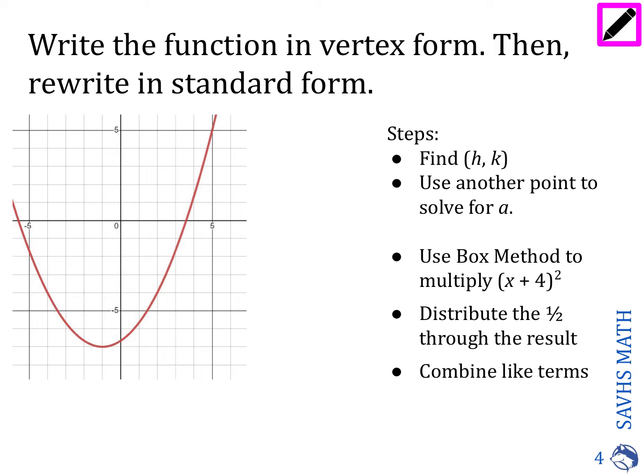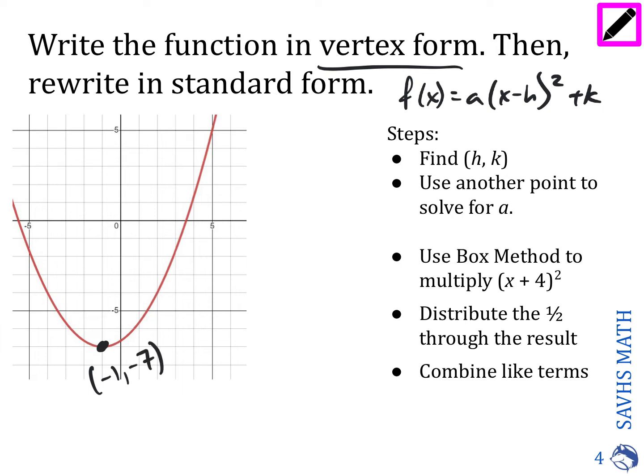We have a graph here, and we're supposed to write it in vertex form. So we're supposed to start with f of x equals a times (x minus h) squared plus k. We can find the vertex by looking at the graph, and we see that that's (-1, -7). And so that's the vertex. We're going to use another point to find a, but I'm going to explain that in a second.